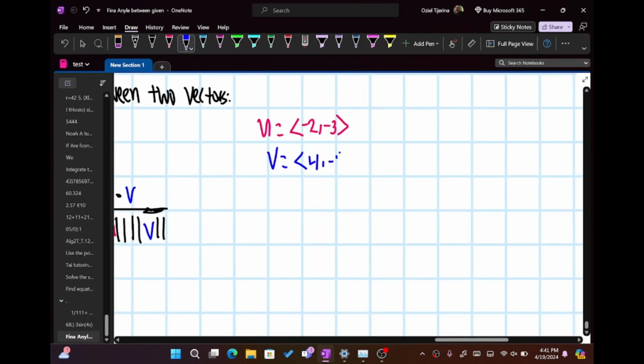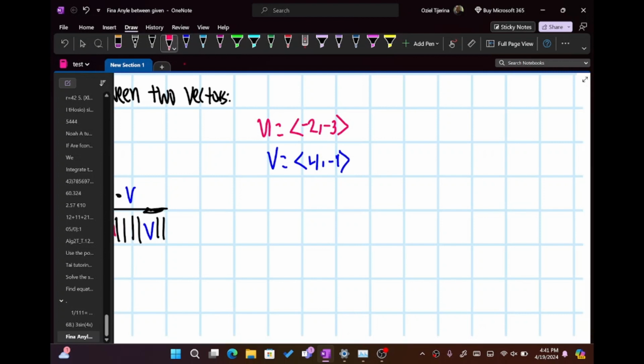If y'all don't know how to do dot products, I can make a video on that, but basically u dot v is equal to u1, so -2, times v1, which is 4, plus u2, which is -3, times v2, which is -1.